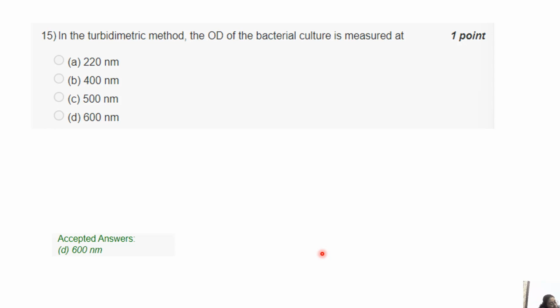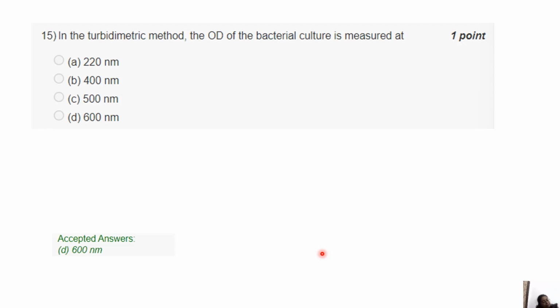So these wavelengths allow the OD measurement to reflect primarily the turbidity or the scatter rather than absorption, making it a very good proxy for bacterial growth. OD600 has become a standard in microbiology, allowing easy comparison across experiments and studies.